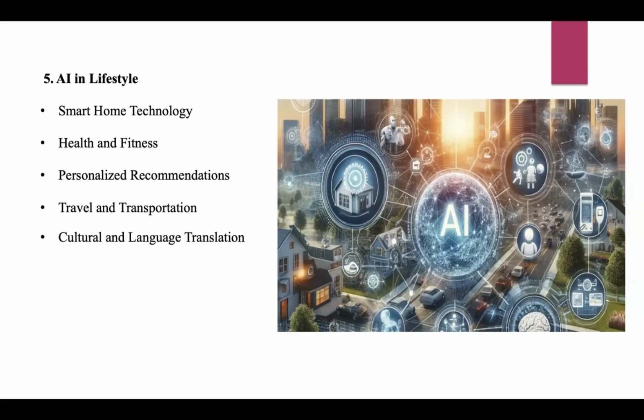And energy efficiency also. AI optimizes energy consumption by adjusting heating, cooling, and lighting based on occupancy and environmental conditions. Thus, it reduces utility costs. So, best example for this smart home technology is an AI-enabled smart thermostat. It learns household routines and adjusts temperature settings to maximize comfort and energy savings.